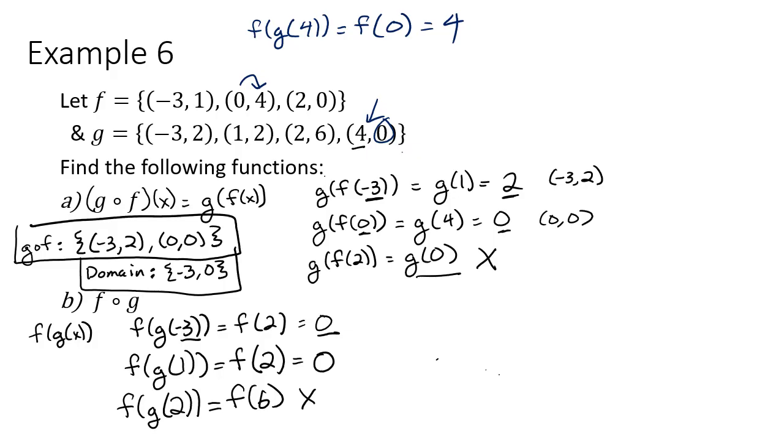So we had 3 that worked in total. F composed with g, the function, has 3 ordered pairs. From the first one, we've got an input of -3 and an output of 0. From the second one, we've got an input of 1 and an output of 0. And for the third one, we got an input of 4 and an output of 4.